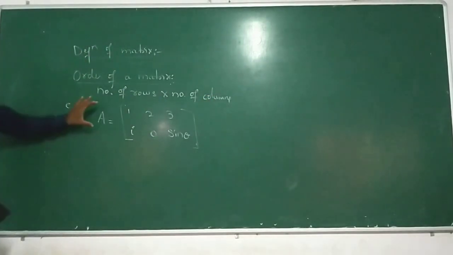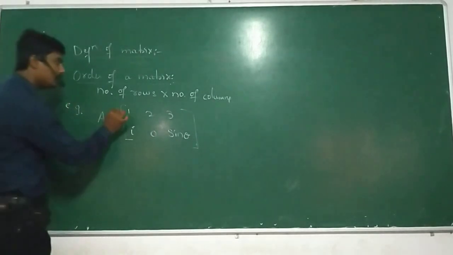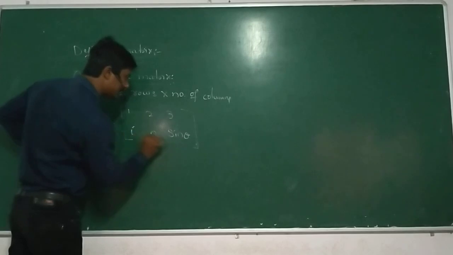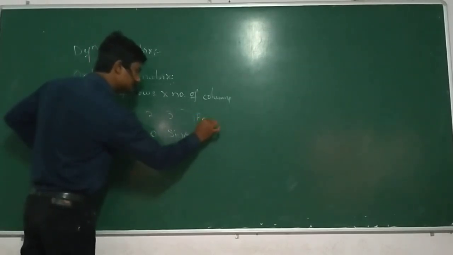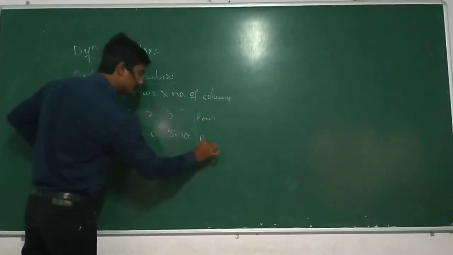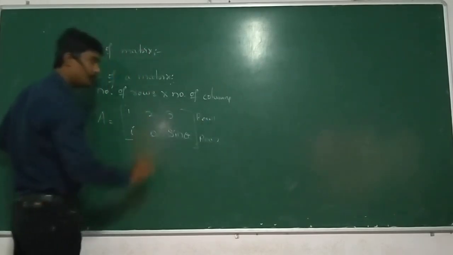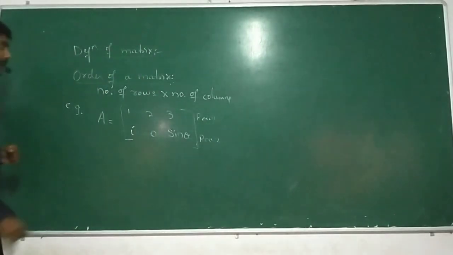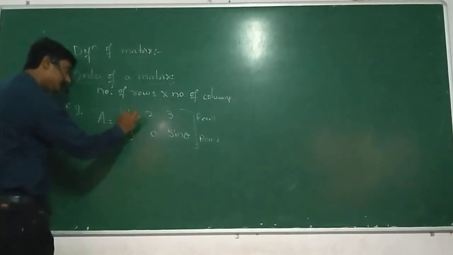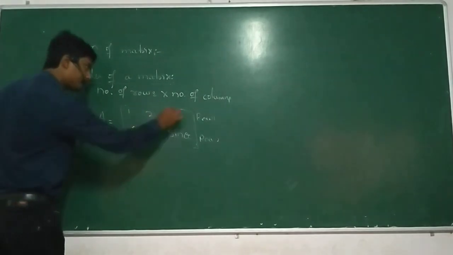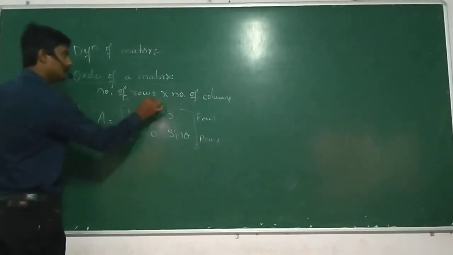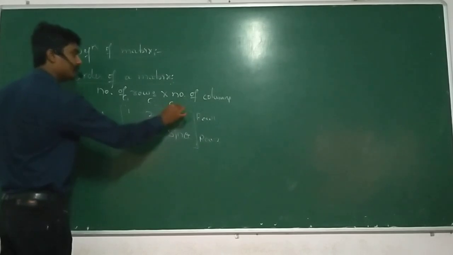So if I take this as an example, in the matrix A, there are two rows of elements. This is row 1, this is row 2. So there are two rows and there are three columns of elements. This is column 1, column 2, column 3.